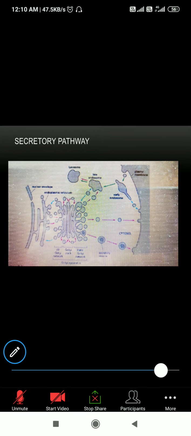These proteins are like BiP, which are chaperones, or the permanent residents of the endoplasmic reticulum: first is BiP, second is signal peptidase or protein disulfide isomerase, and many other proteins which remain permanent residents of the endoplasmic reticulum.